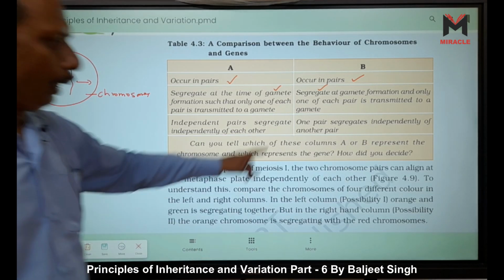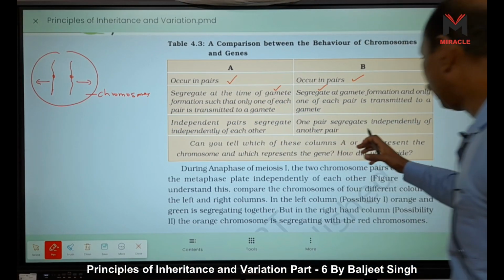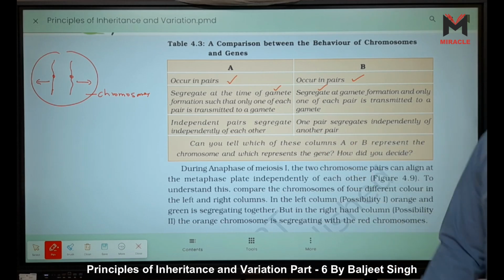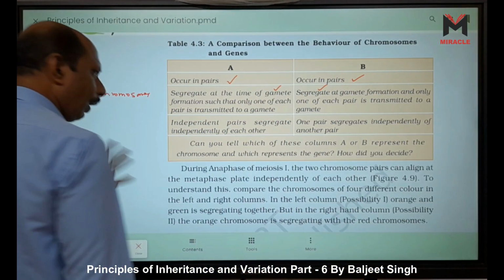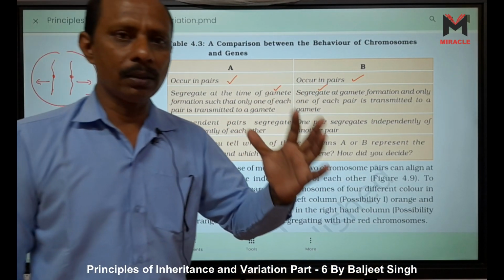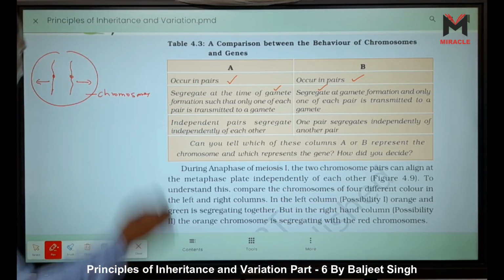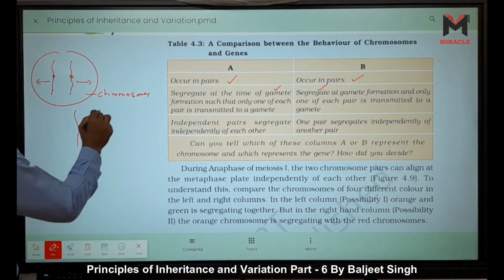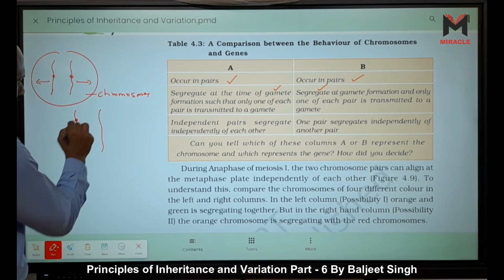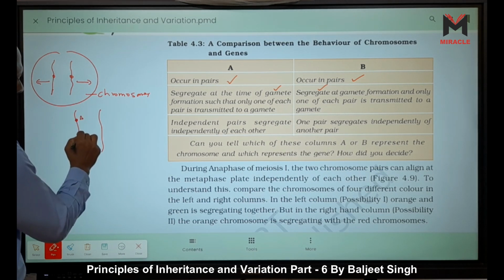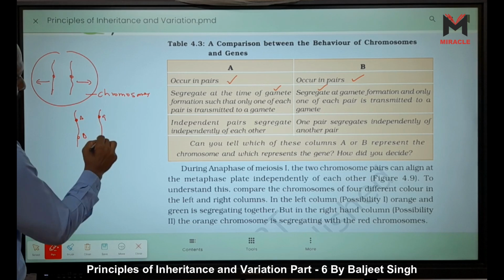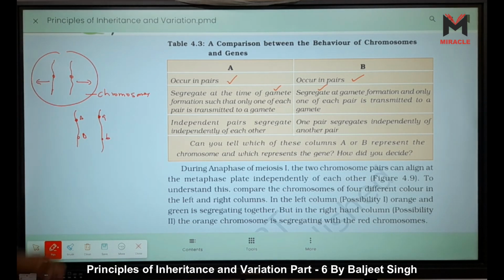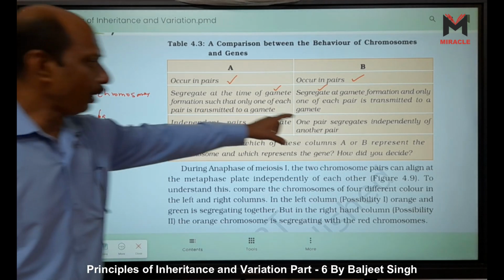Here what is given? One pair segregates independently of another pair. Suppose there are two chromosomes, 1 and 2, with A and B genes here, and A and B genes here also. What is given? One pair.